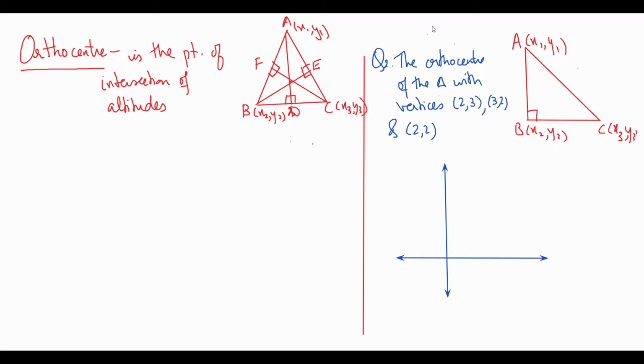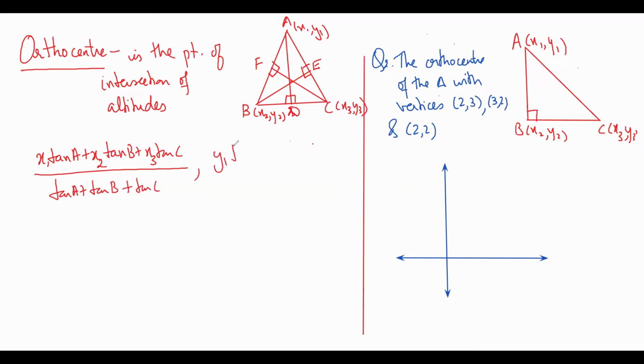But you should learn the formula, and that formula is: the orthocenter is x1 tan A plus x2 tan B plus x3 tan C upon tan A plus tan B plus tan C, which is the x coordinate, and the y coordinate is y1 tan A plus y2 tan B plus y3 tan C upon tan A plus tan B plus tan C. This is my y coordinate. But we use a shortcut to find the orthocenter.